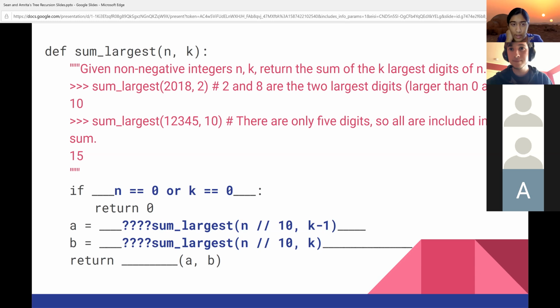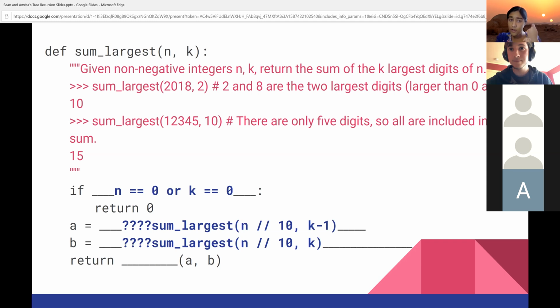Another thing we can do, and one that I really like to do, is to write out step by step how I as a human being would approach this problem, and then see if I can replicate that in code. So for example, if I take 2018 and want to figure out the largest sum, I'd grab 2 and think, is 2 going to be part of this? I don't know yet because I haven't seen the rest of the number.